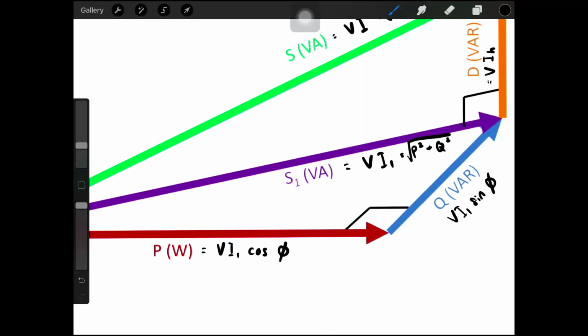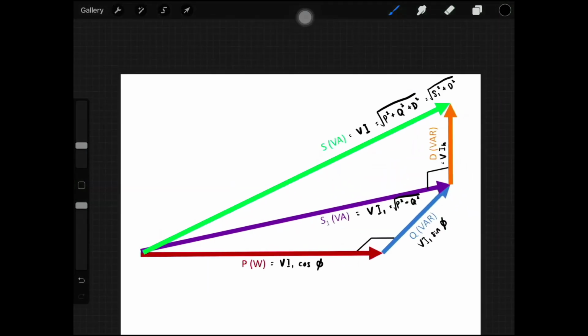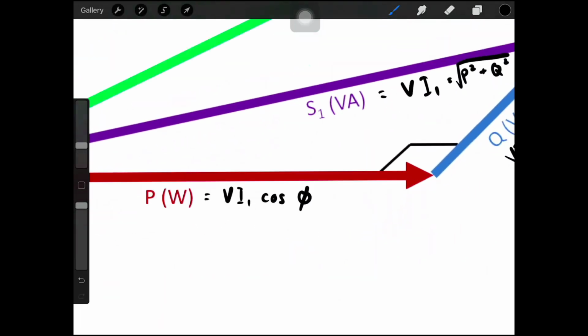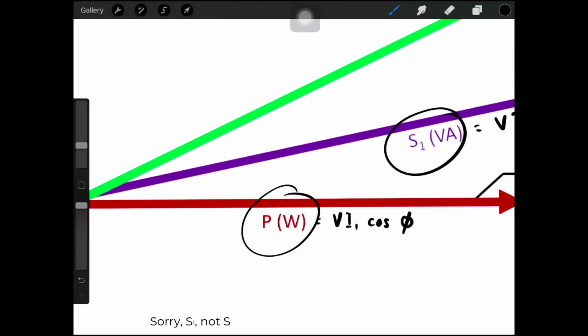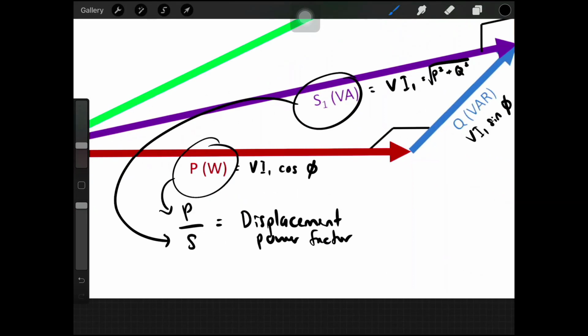And now for the power factor, we have the ratio between P and S. P over S is now our displacement power factor, which equals cos phi.